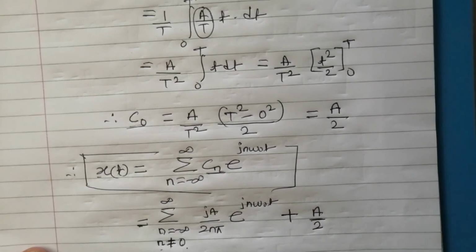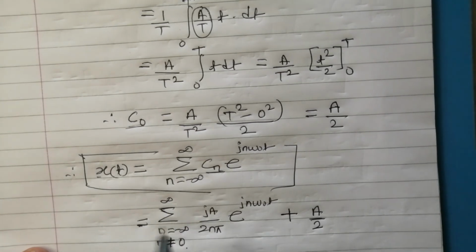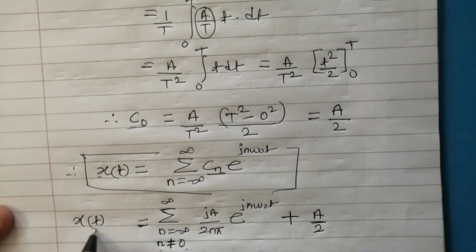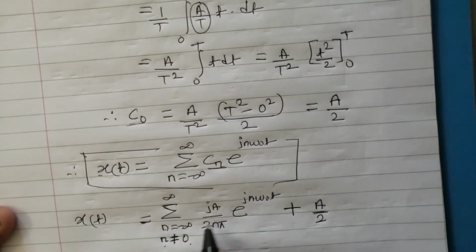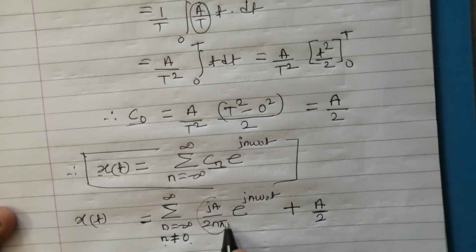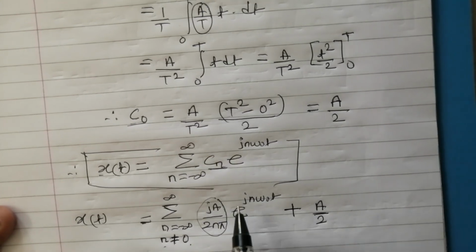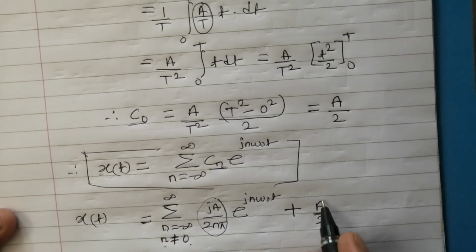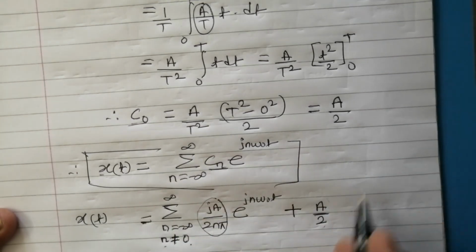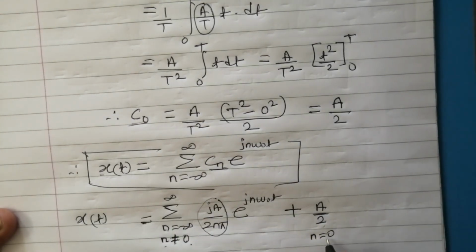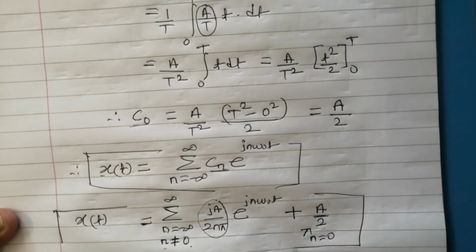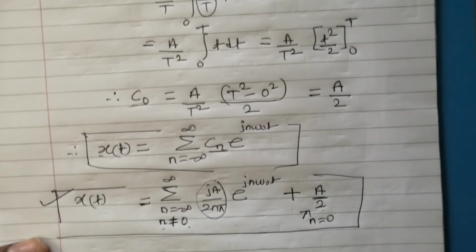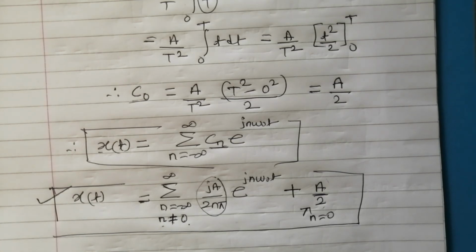This way we have expressed our x of t for all the values of n, minus infinity to infinity excluding 0, Cn is jA upon 2n pi, but at n equals 0, this is A by 2. So this is our exponential Fourier series for the given sawtooth waveform.